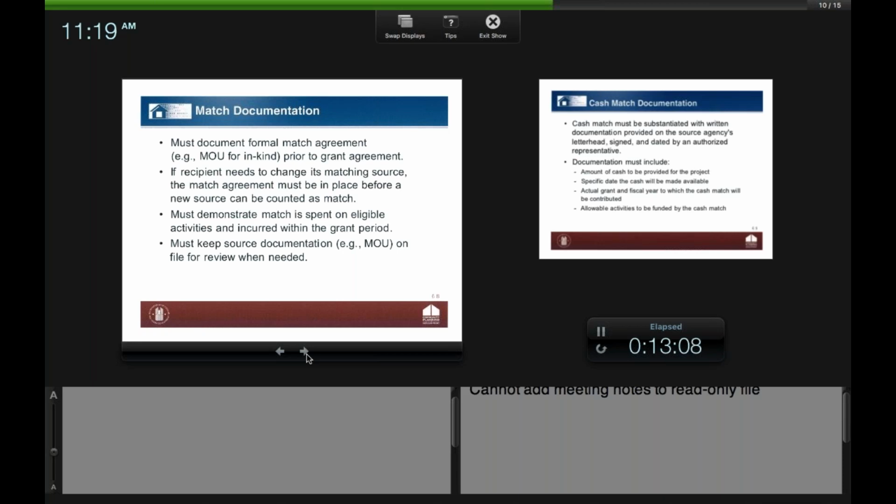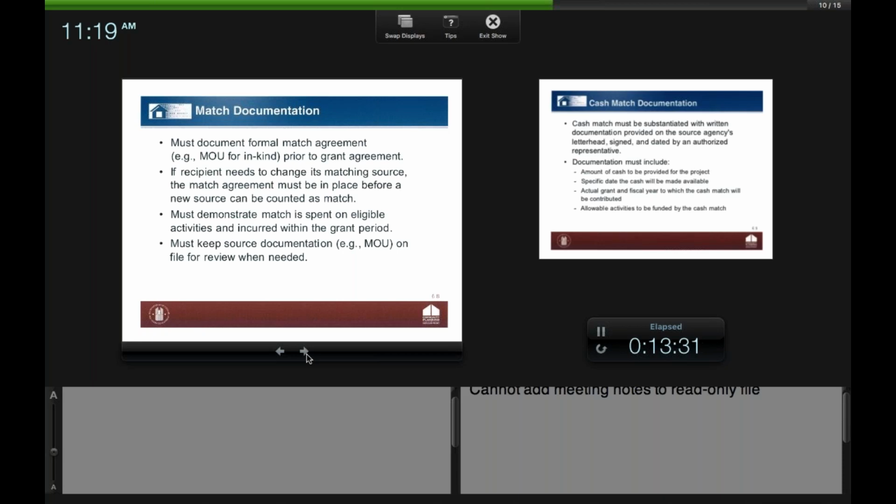If the recipient needs to change its match source, the match agreement must be in place before the new source can be counted as match. And so the program does allow a grantee to change from the application stage its commitments of match, which must be noted at the execution stage.